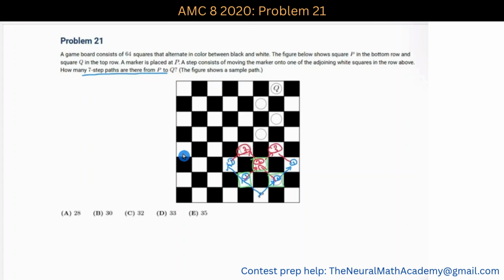Similarly, if I apply this pattern, I will have 6 for this square, and for this one I will have only 3, and for this square I will have 1 and then 3, that would be 4. Then I get 10 and I get 9, and this one will be 9 again, and this becomes 19, and this Q then has 28.